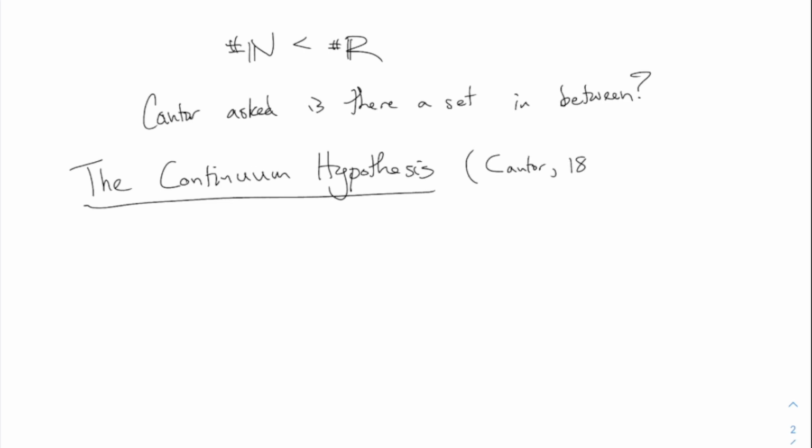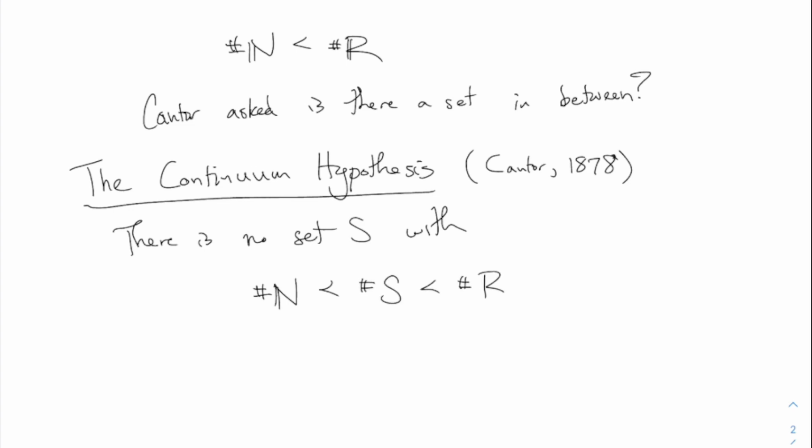The continuum hypothesis says there is no set S with the size of the natural numbers less than the size of S less than the size of R. I'm going to abbreviate this as CH, if you don't mind.